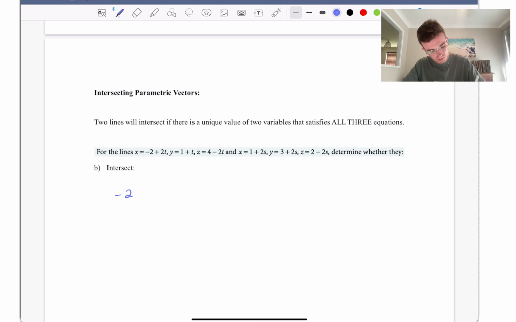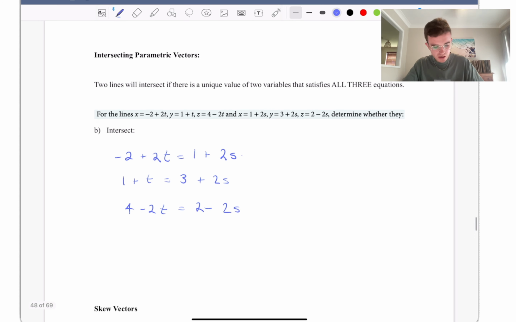So minus 2 plus 2t equals 1 plus 2s, and then 1 plus t equals 3 plus 2s, and 4 minus 2t equals 2 minus 2s. So these are simultaneous equations. It's 3 equations in 2 unknowns.